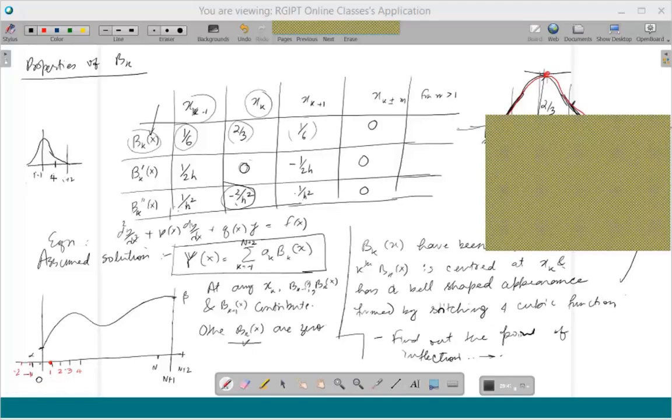Or if you just express this result, maybe you can write it as k. So this result tells me that bk double prime at xk minus 1.